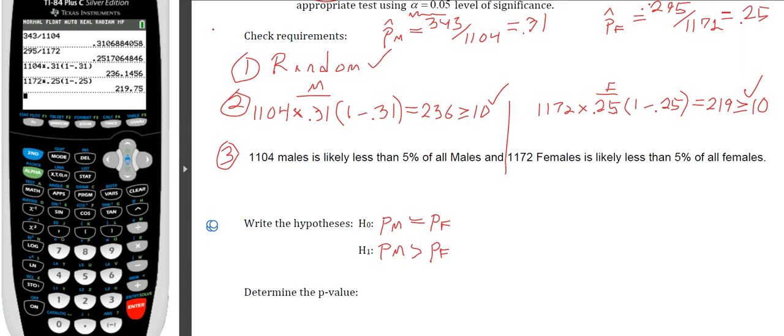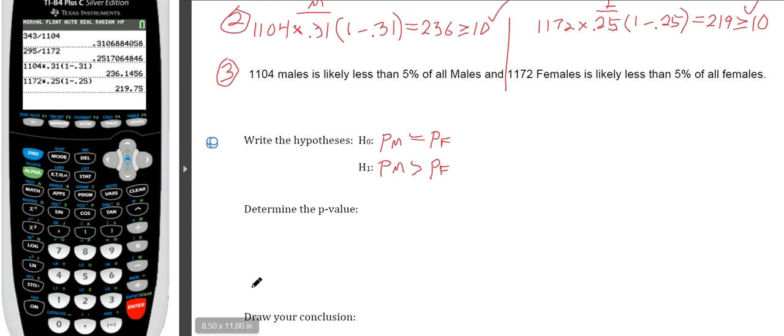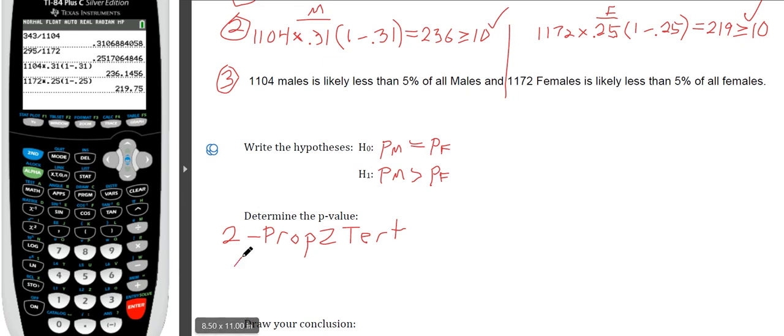All right. To calculate my p-value, I can set up with 2-prop z-test yet again. Using my values that we had in my description earlier. So x1 was for men was 343 out of the total sample for men, which was 1104. I can see it there on my calculator still.